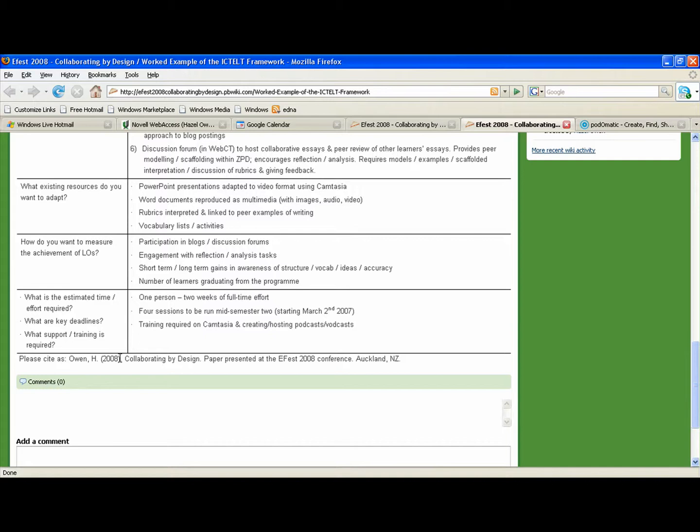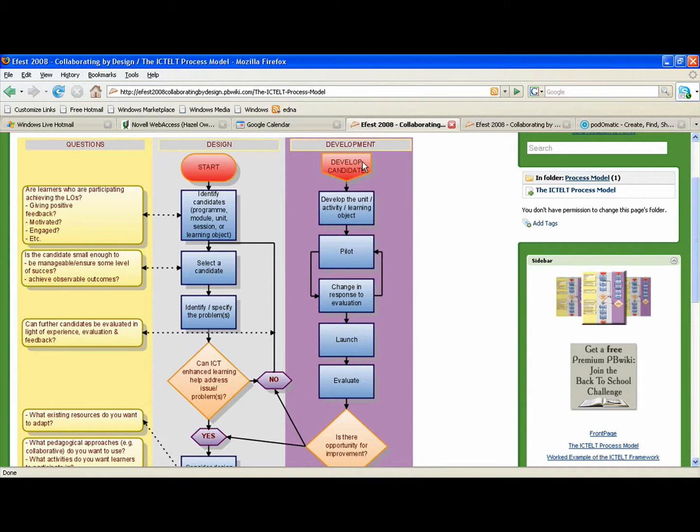The reason being, of course, if it's successful the first time, you'll feel a lot more motivated to go through the process again. I also assumed that whoever used the framework would have access to either experienced peers or some sort of education technologist and IT support, and also access to the necessary ICT tools.